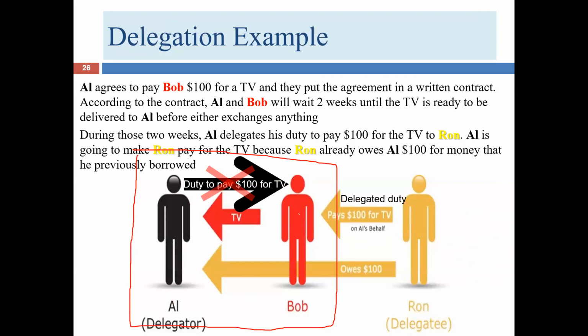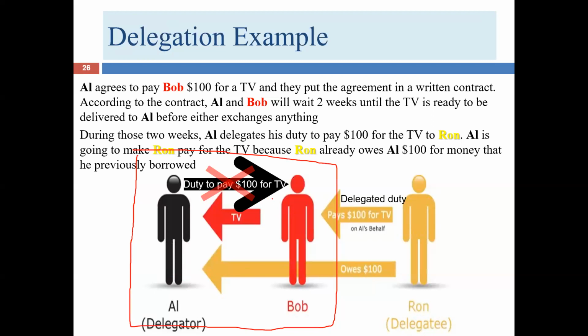Now, why does Ron agree to do this? Well, we're told it's because Ron already owed Al $100 for some completely separate transaction, maybe that happened 6 months ago. Ron's been owing Al some money. Al now owes Bob money because once Bob gives Al the TV, then Al needs to pay Bob the $100.